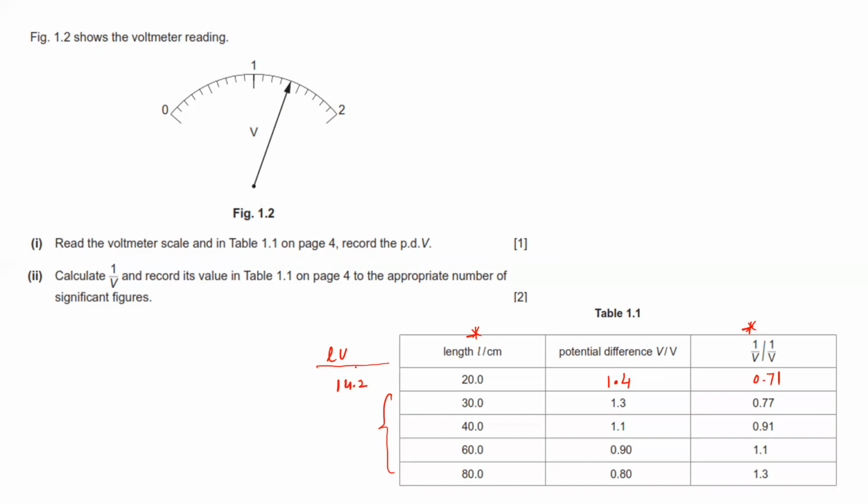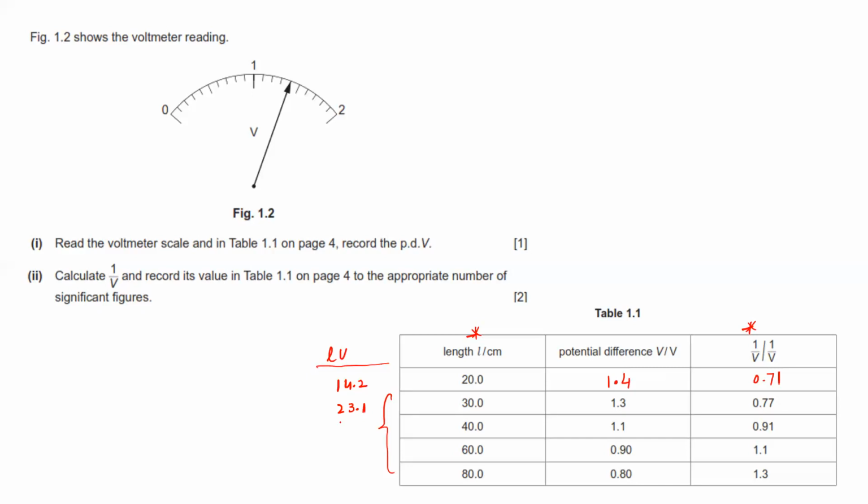Then 30 multiplied by 0.77 comes out to be 23.1. Then 40 multiplied by 0.91.